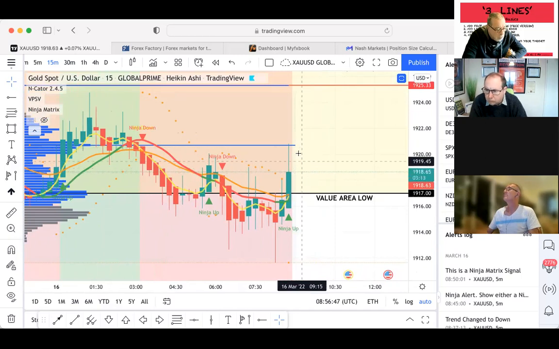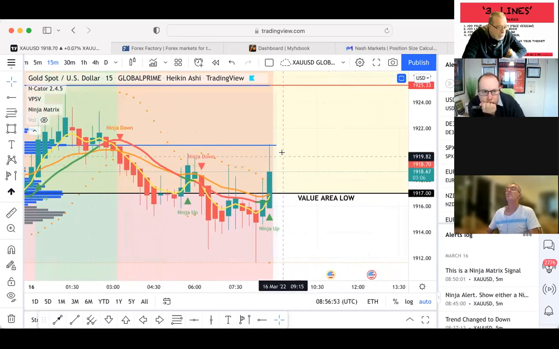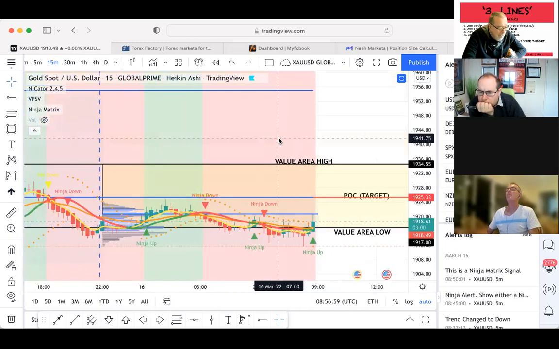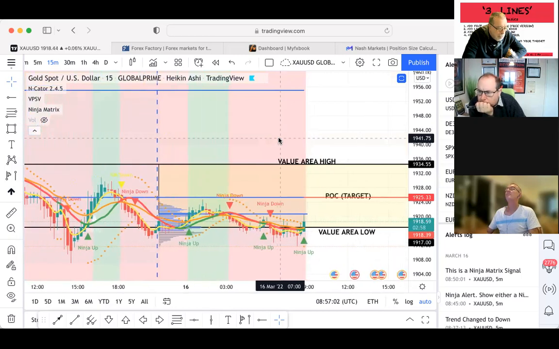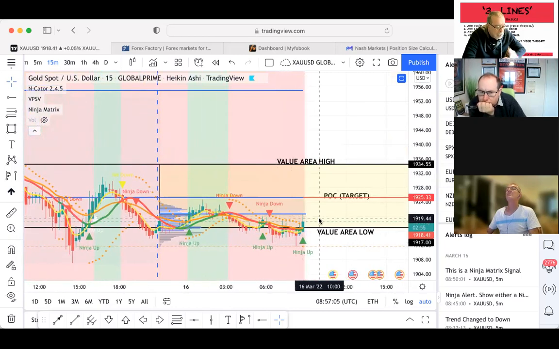It could bounce off a couple of times. It could bounce off all day. We don't know. I want to avoid getting in drawdown, so I'm going to get into this trade when it gets above that line.